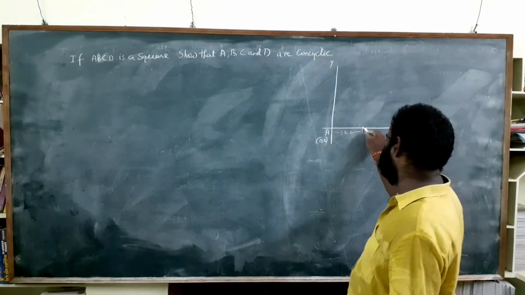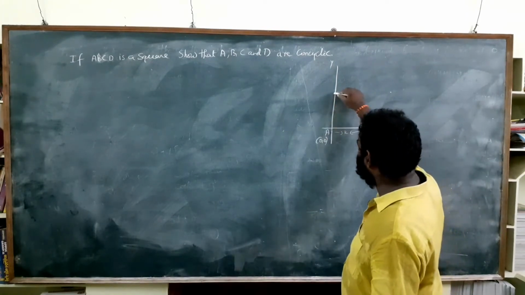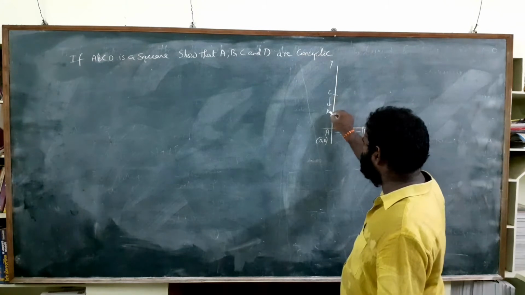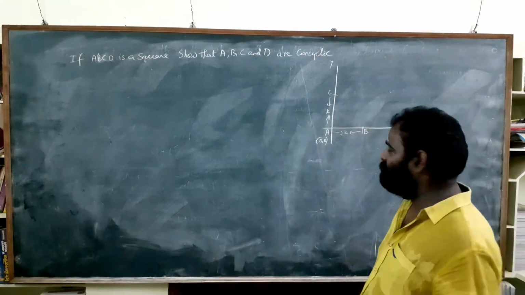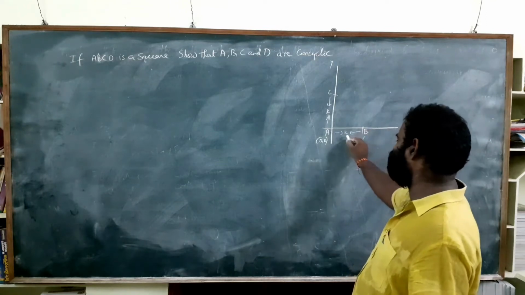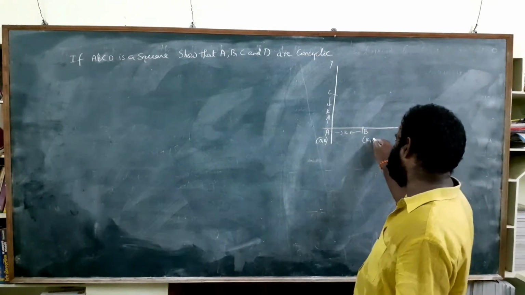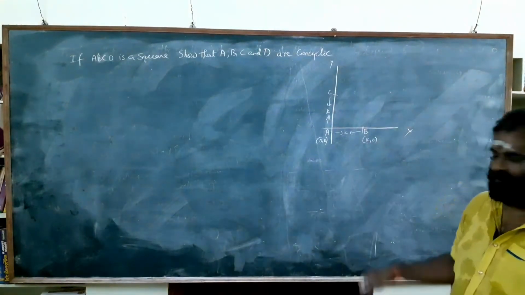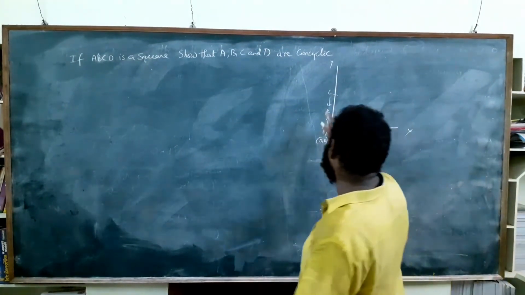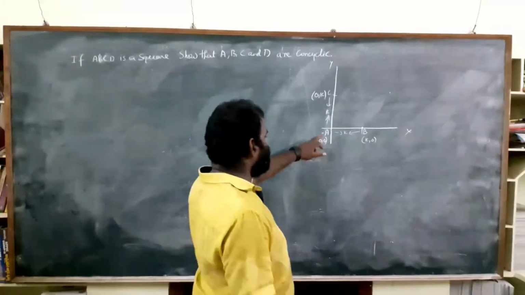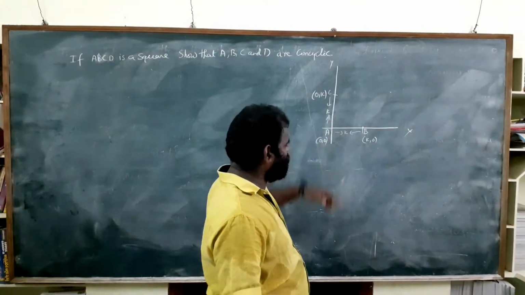Here the point is B. And in the same way, here also you take another point which is C, which is also at a distance of k units. Then what is B point? From A to B is k units, so the point B is k comma 0. Because the point lies on x axis, the point is k comma 0. And the point C lies on y axis, it becomes 0 comma k because it is k units from origin.